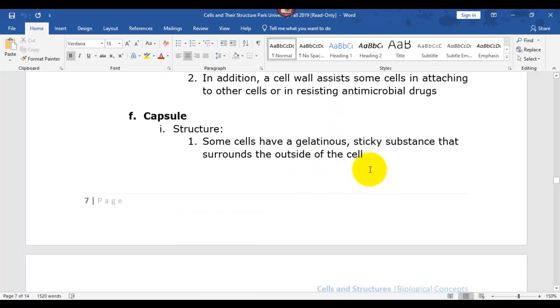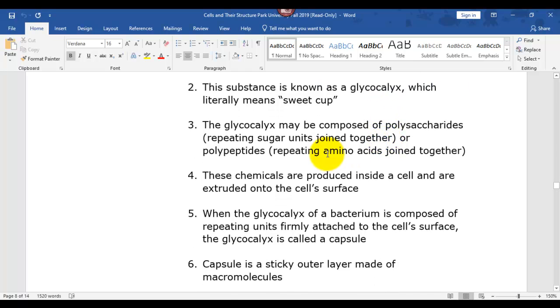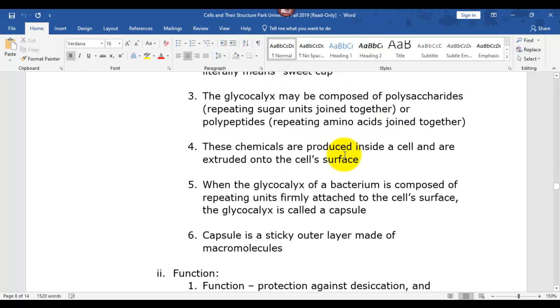Capsule. It's a gelatinous, sticky substance on the outside. Most pathogenic bacteria have a capsule. Capsules prevent them from being broken down by other cells. It allows them to stick to a substance. Glycocalyx is kind of another way of saying capsule. It's using glucose to make it, composed of polysaccharides.